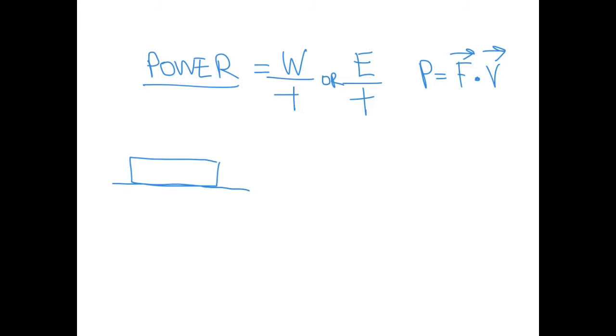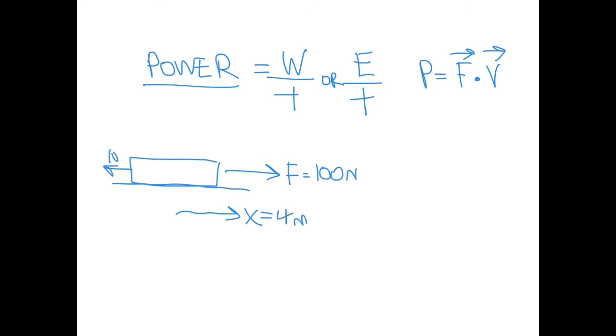Here's just a quick example of that, and this will appear on your worksheet. Let's say someone's dragging a large box across the floor, and they're pulling it with an applied force. And let's say they pull that box a total displacement of 4 meters, and let's say the force is 100 newtons. So we could figure out the work pretty easily.